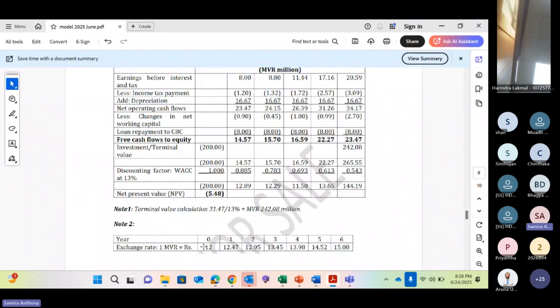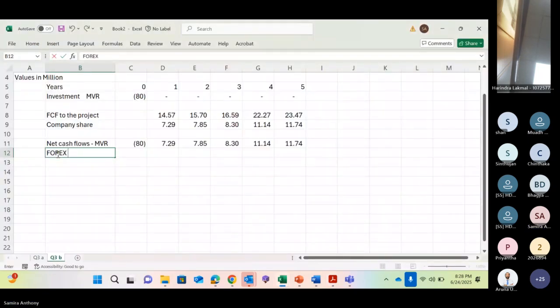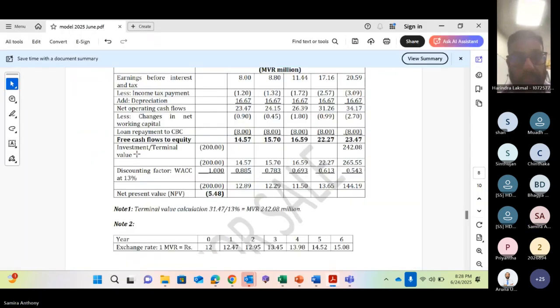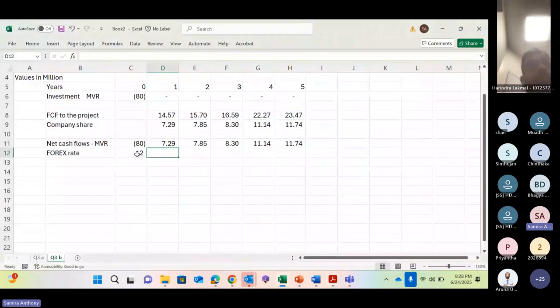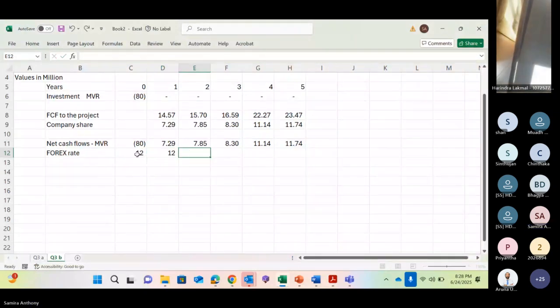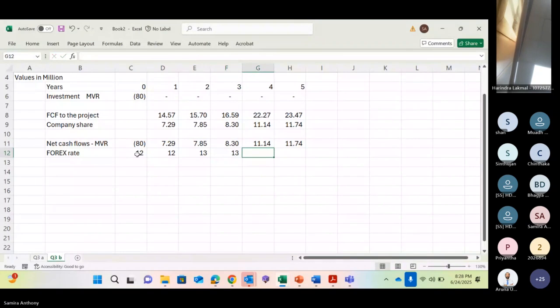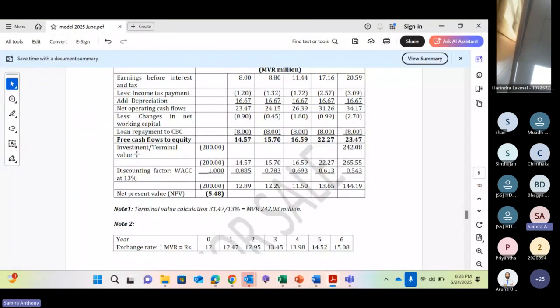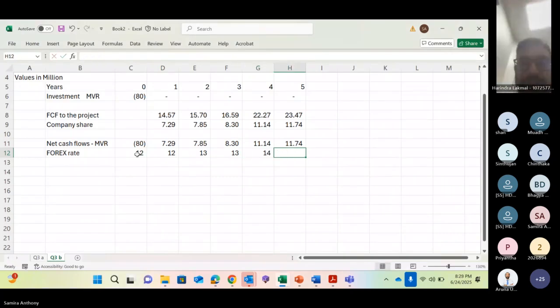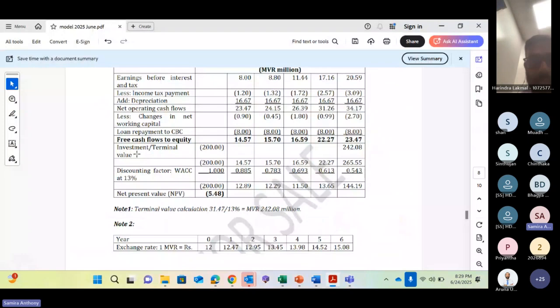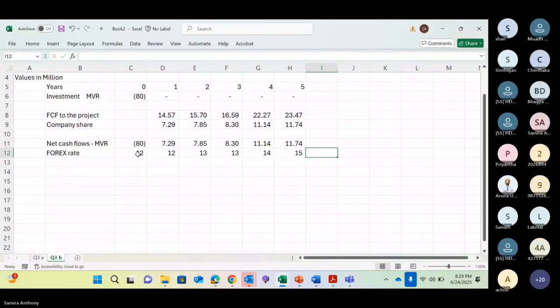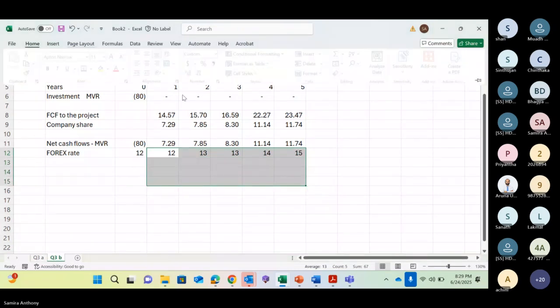Then these are the forex rates. Today 1 Maldivian rupee equals 12 Sri Lankan rupees, then 12.47, 12.95, 13.45, 13.98, and 14.52. Right.